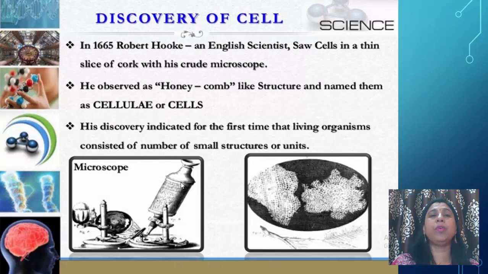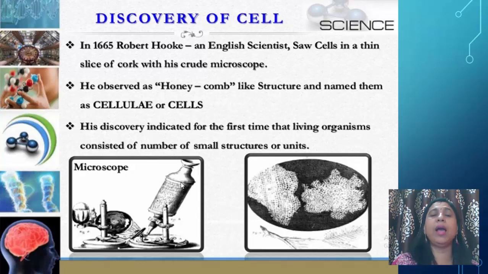Now coming to the discovery of cell. Cell was discovered by Robert Hooke, an English scientist, in 1665. He saw cells in a thin slice of cork with his crude microscope. Crude means primitive microscope he has invented, and with the help of that he saw these cells in a thin slice of cork.